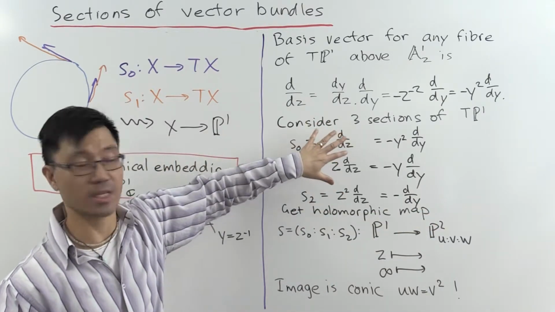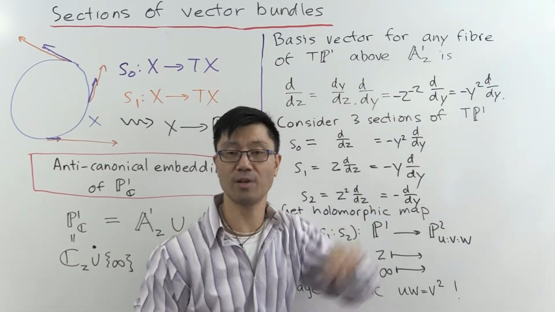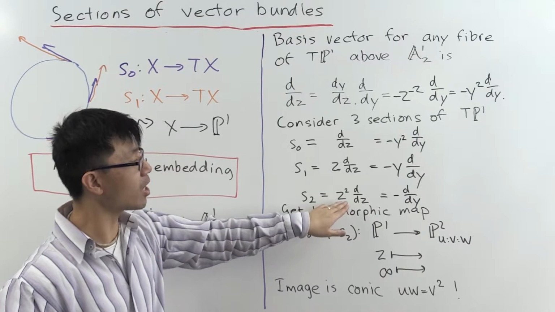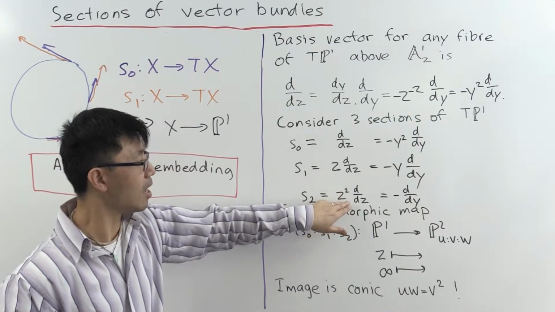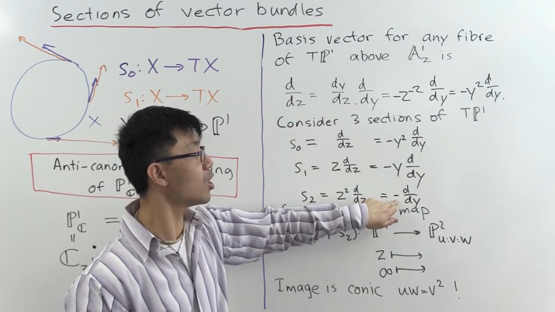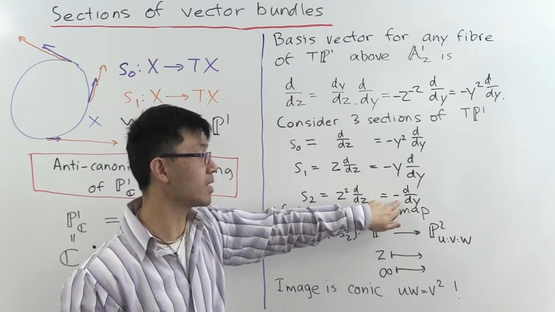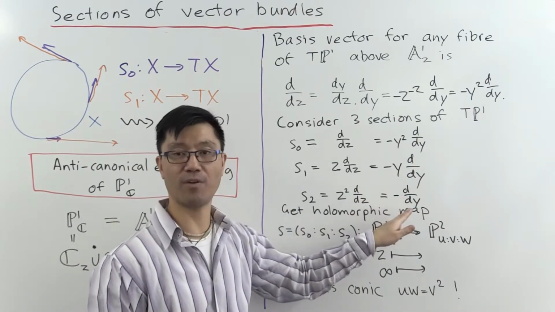Okay, so that's rather interesting. You get 3 different holomorphic sections of the tangent bundle to the projective line. You may think, can I go further? Let's multiply this again by z. If you did that, you multiply this by y inverse. And remember, you're looking at infinity, which means y equals 0. So you're dividing by 0, so it's not defined.